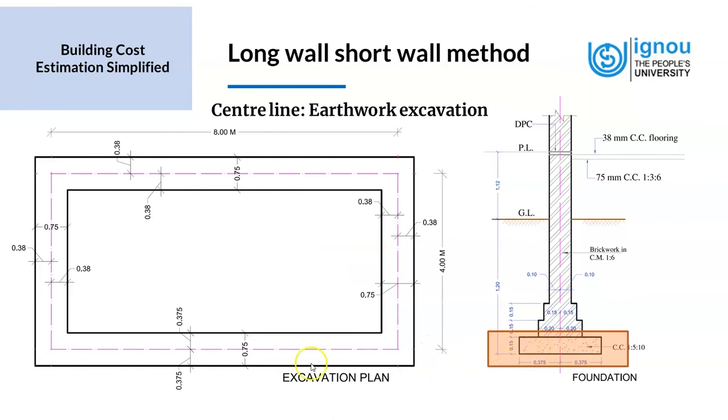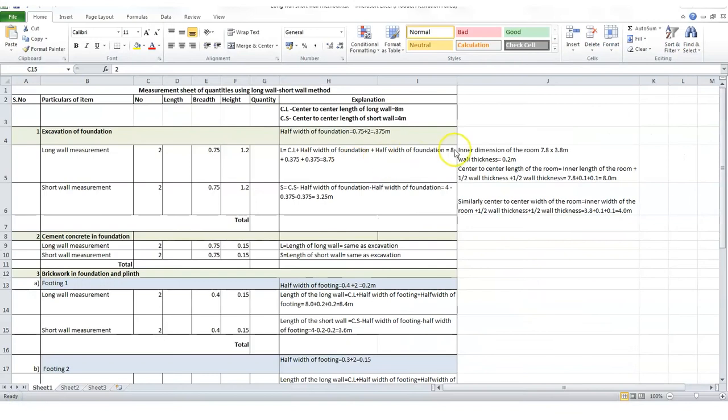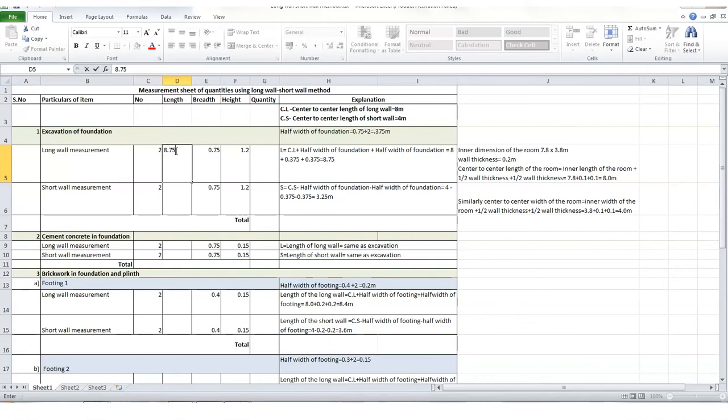Now the width. Let's go back and write that in our measurement sheet. So we have 8 plus 0.375 plus 0.375, which is 8.75. We will write it as 8.75. Now we've already seen how we found the 0.75, which is the width of the foundation. The width of the foundation would actually be the excavation dimensions also.